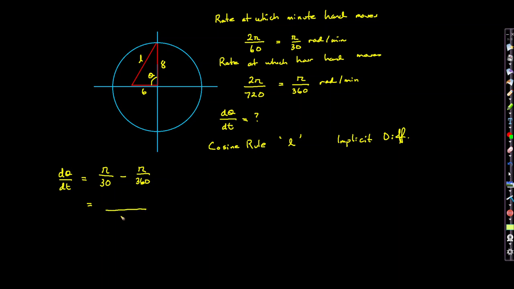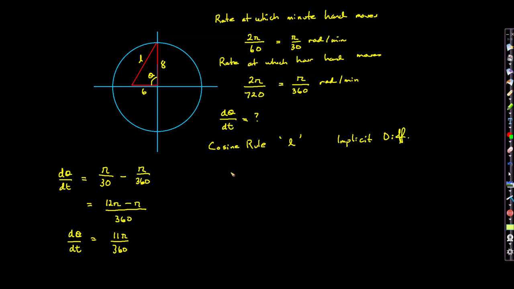If we put that over 360, 30 goes into 360 12 times, so we end up with 11 pi over 360. That is the rate at which that angle is changing with time. It's a constant because clocks move at a constant rate, so the angle between these two would be changing at this rate constantly.